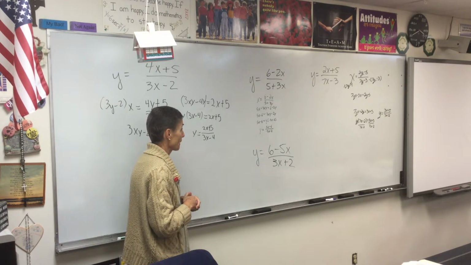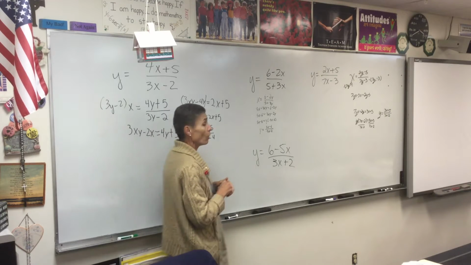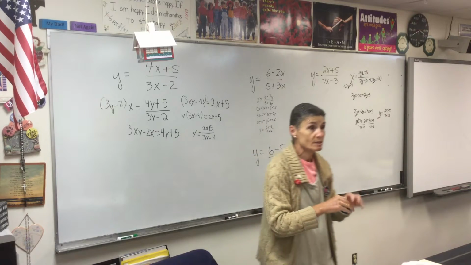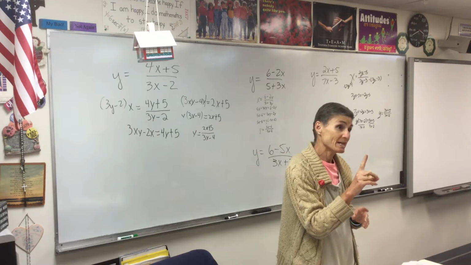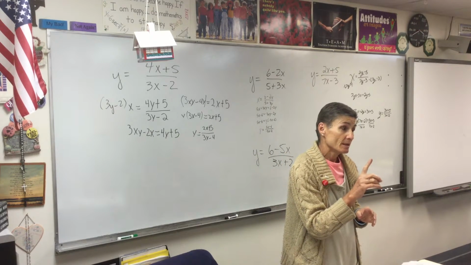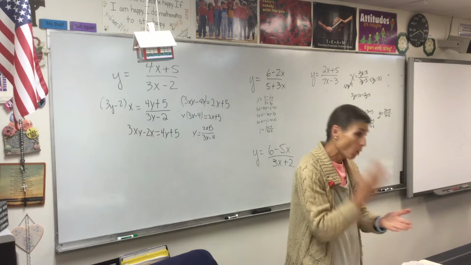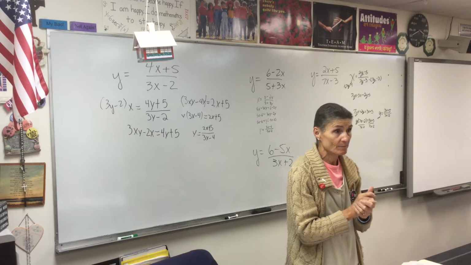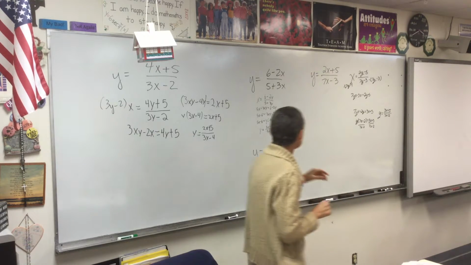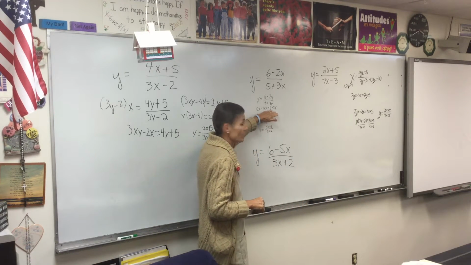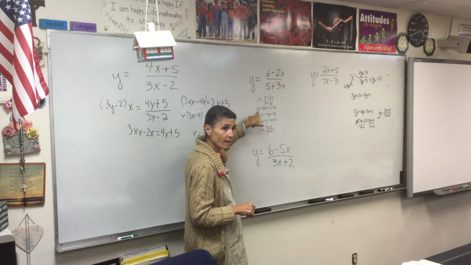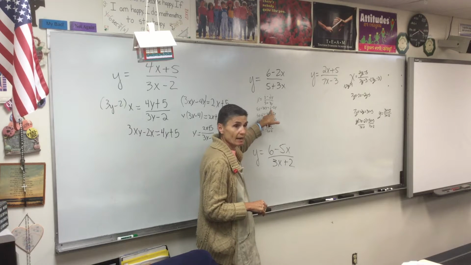You have to have all the y's on one side, and then anything without a y goes to the other side. It's the y's that are the key. So you've got to have the y's on the same side, okay? And then everything that doesn't have a y, like if you look at this right here, that term does not have a y, and that term does not have a y.